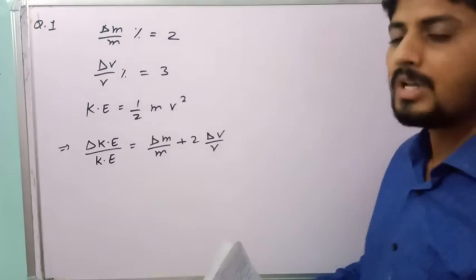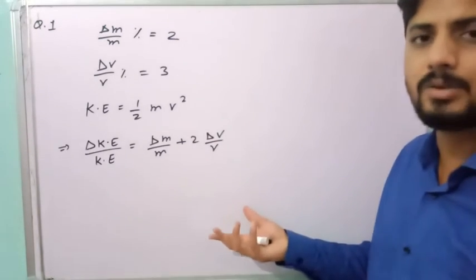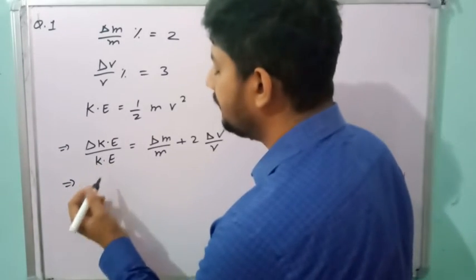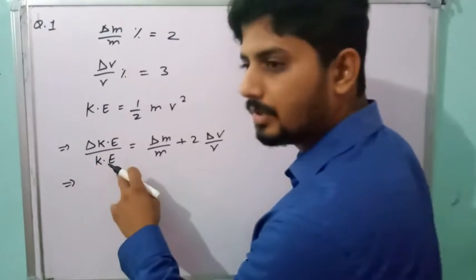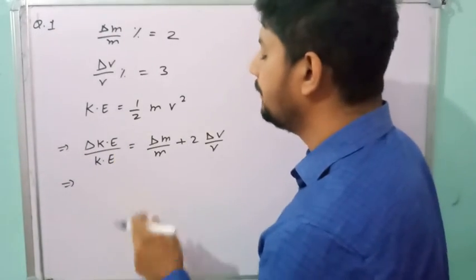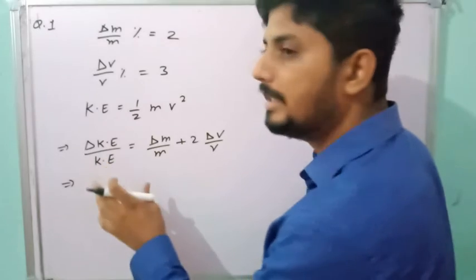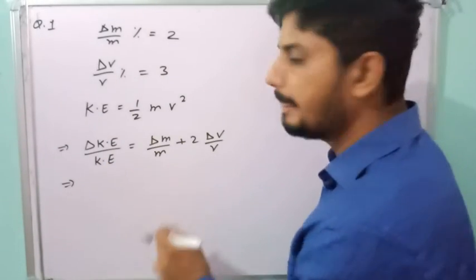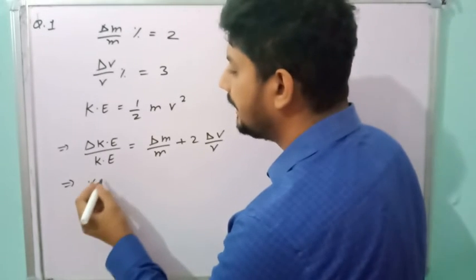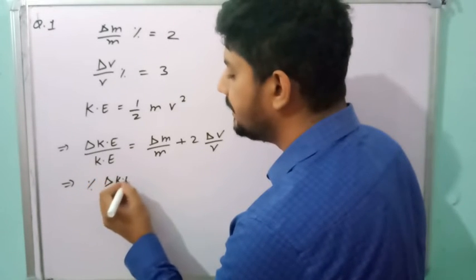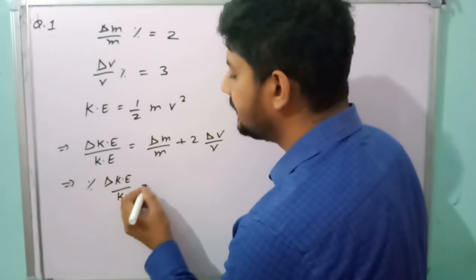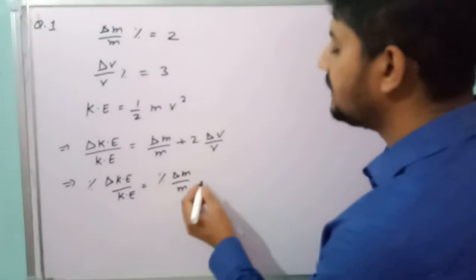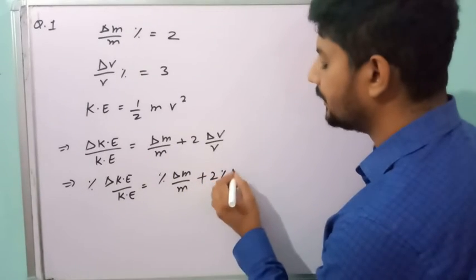This formula we already discussed in class notes. Change in kinetic energy divided by kinetic energy is the relative error in kinetic energy. For percentage, multiply by 100 on both sides, so this becomes the percentage error in kinetic energy, equal to percentage error in mass plus twice the percentage error in velocity.